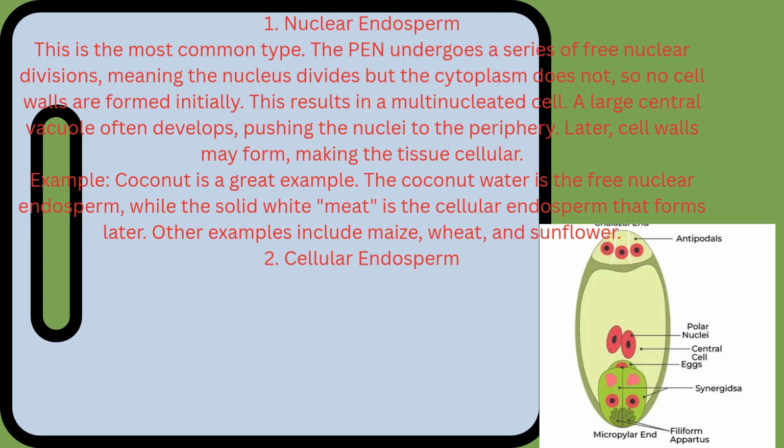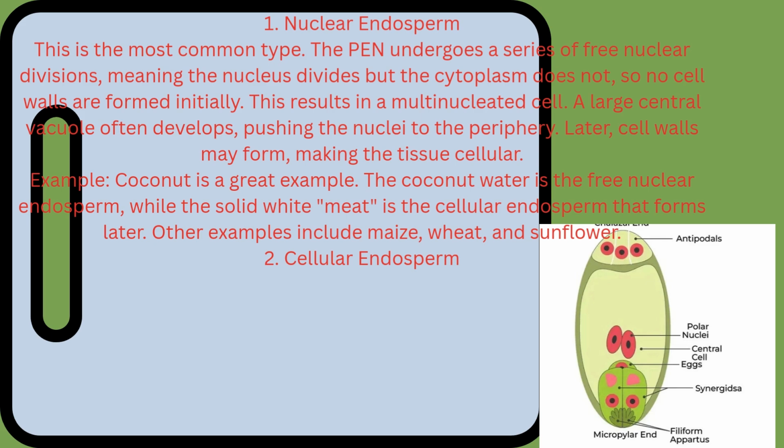The first one is nuclear endosperm. This is the most common type. The primary endosperm nucleus undergoes a series of free nuclear divisions, meaning the nucleus divides but the cytoplasm does not.